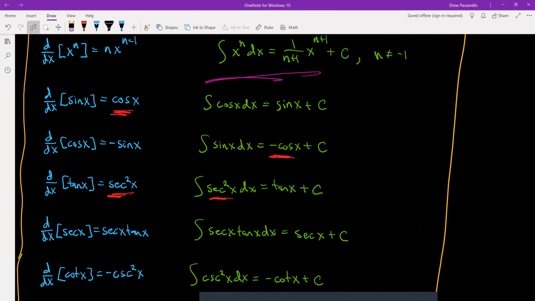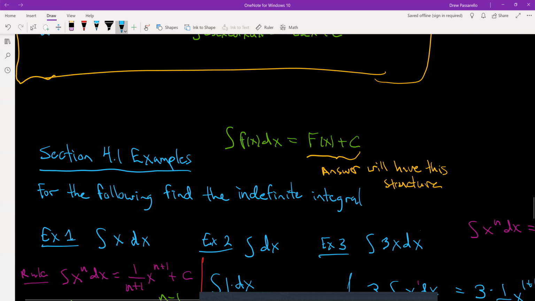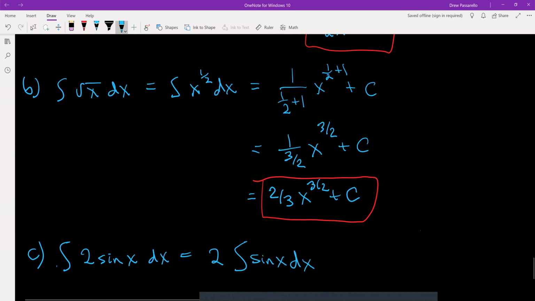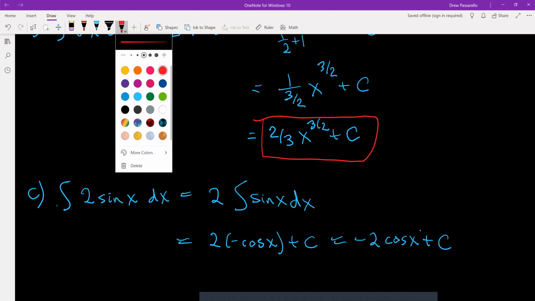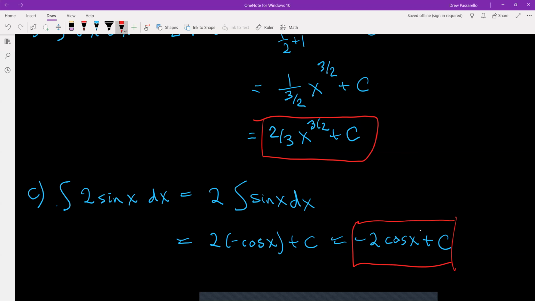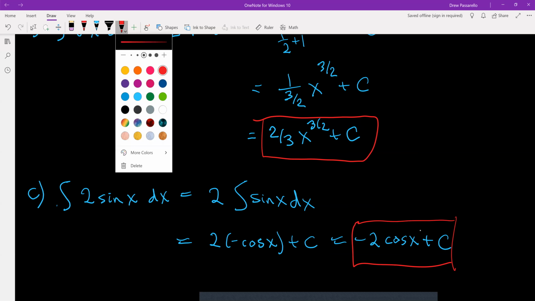Integrating sine gives negative cosine. So that's going to be 2 times negative cosine x plus c, or just negative 2 cosine x plus c. All right, so that's that example.